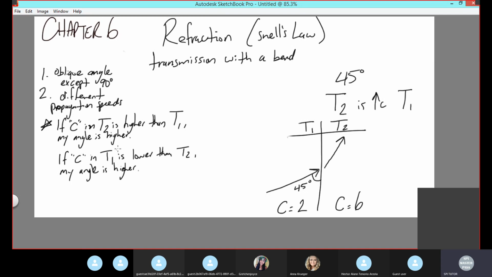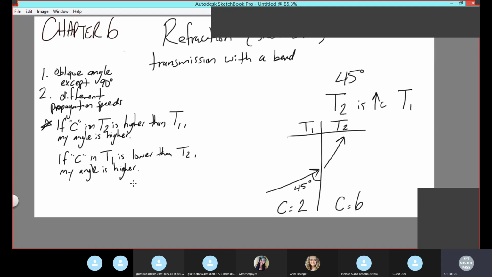No. Because tissue 1 being lower than tissue 2 is the same thing as tissue 2 being higher than tissue 1. So it's very wordy, but trust me, as you talk it through and you see it, it makes sense. That is why my rule right here does not change. Because tissue 1 being lower means that tissue 2 is higher. And if tissue 2 is higher, my angle is higher. Okay? I'm just writing it from the perspective of somebody else. That's all. Okay?